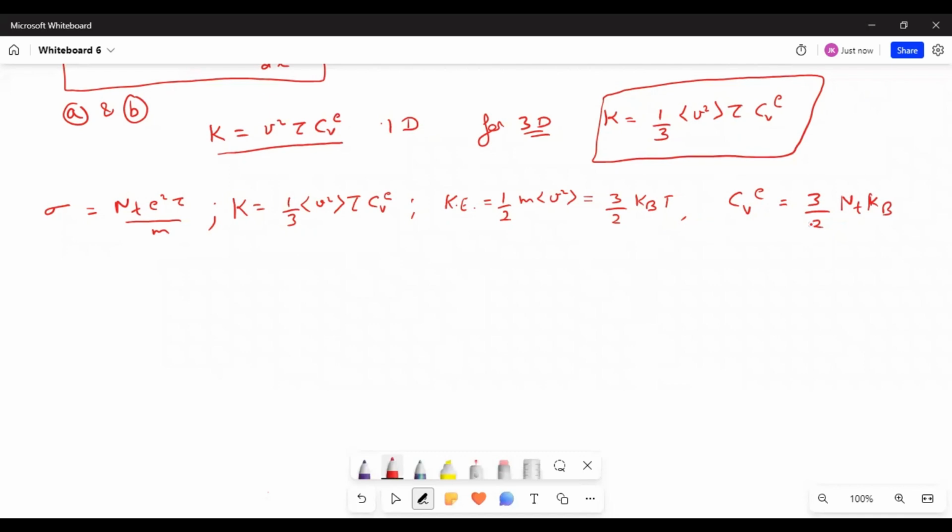Now, as we know, you might have also observed that a good conductor of electricity is also a good conductor of heat. So for example, metals are very good conductors of electricity, but also very good conductors of heat. This observation was also made by two scientists, Wiedemann and Franz, and they came up with an experimental law.